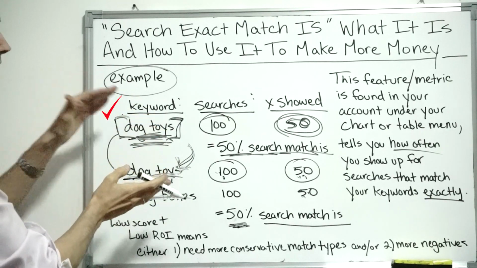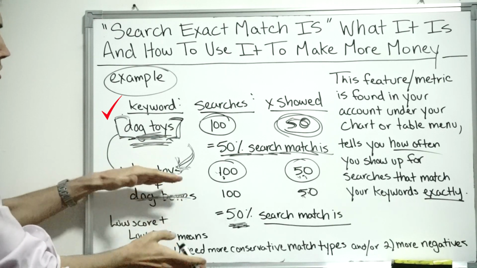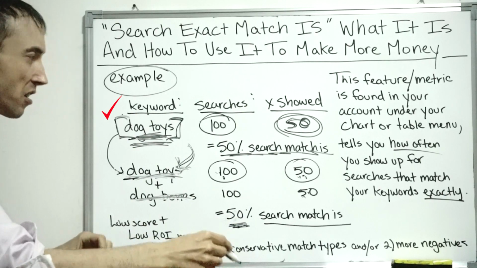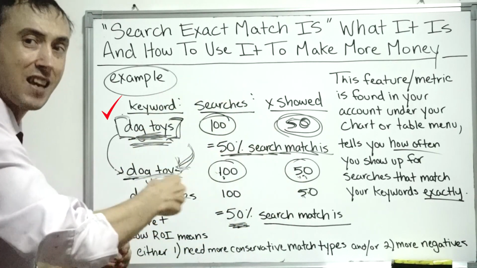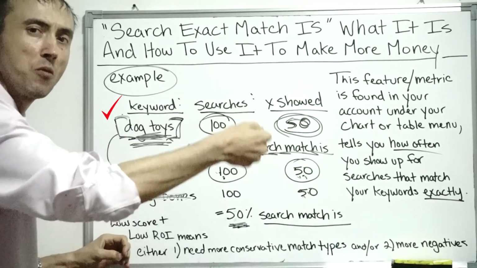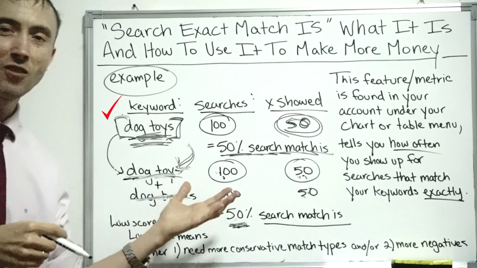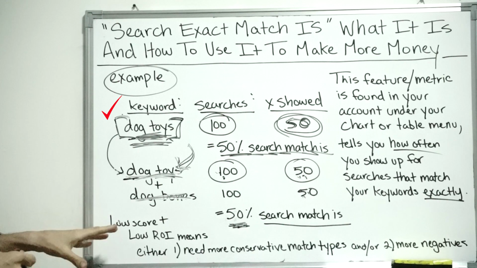The search exact match weeds out effectively all other searches that you show up for other than what the keyword actually is, to see how many times out of 100 you show up for the term, the keyword itself, if you will. So it's hard to explain, but I think you get the general gist here.